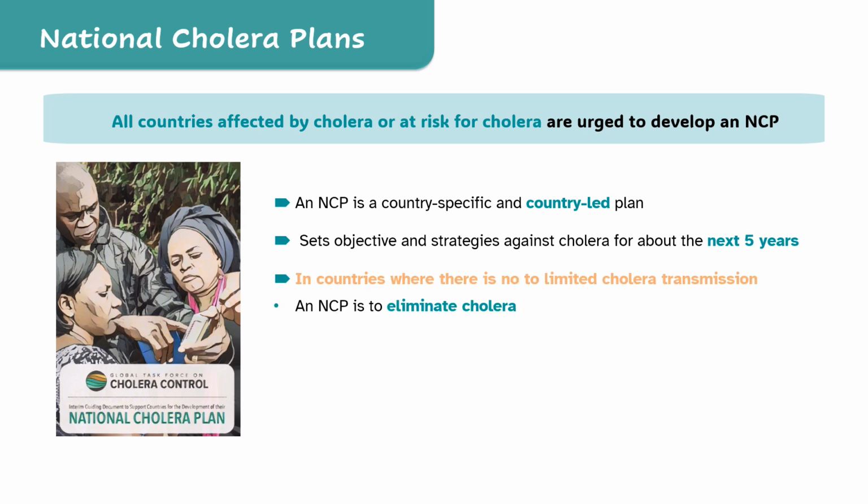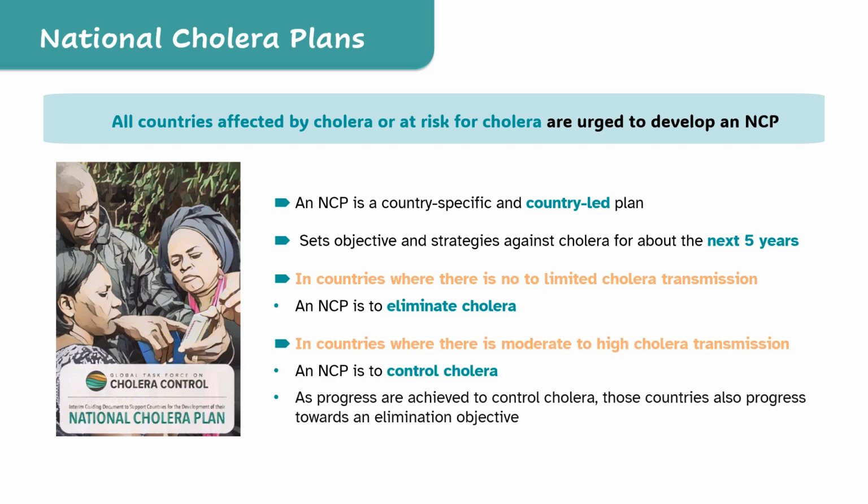In countries where there is no to limited cholera transmission, an NCP aims to eliminate cholera. In countries where there is moderate to high cholera transmission, an NCP aims to control cholera. Over time, as these countries progress in controlling cholera with an effective NCP, they also progress towards an elimination objective.